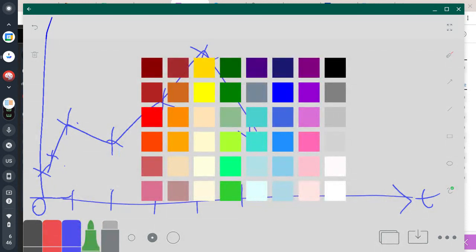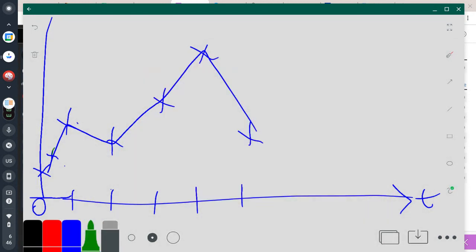If we used quarterly data, it will at least look smoother when we connect those. You know what I'm talking about.